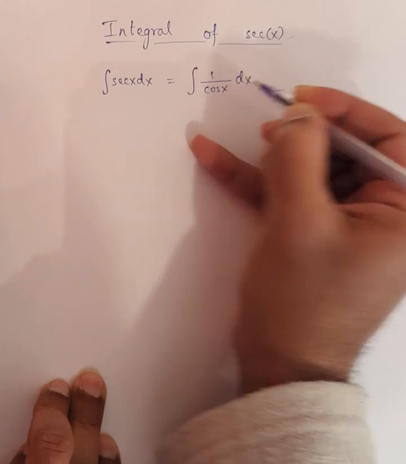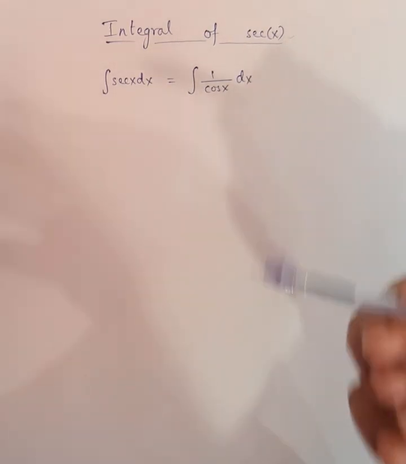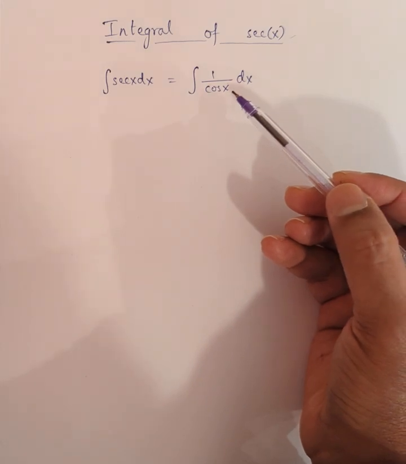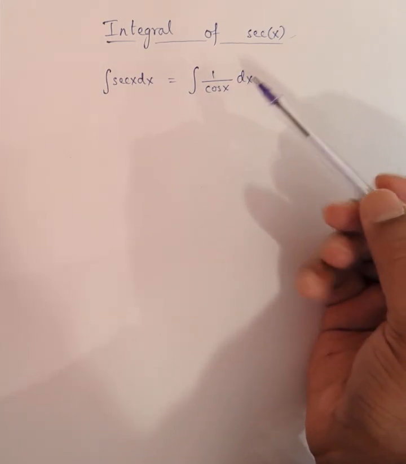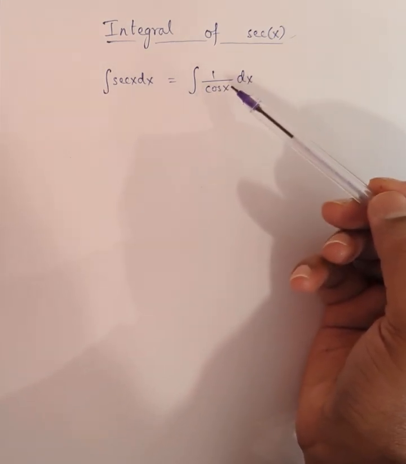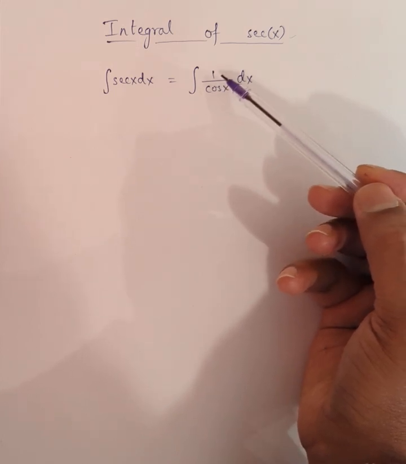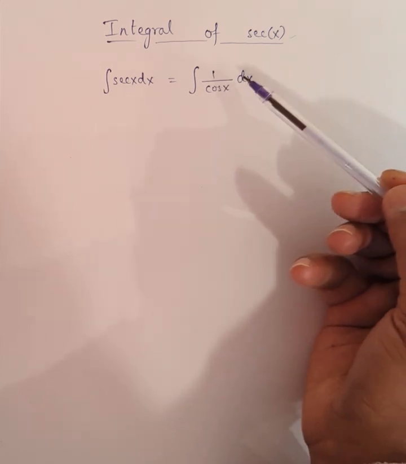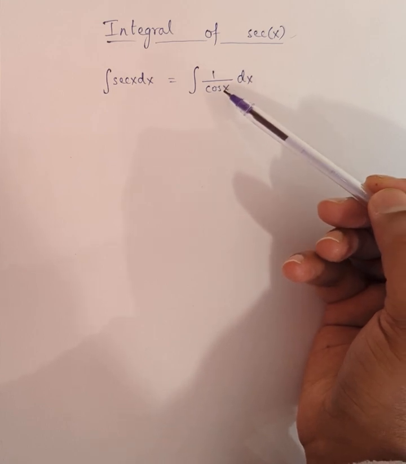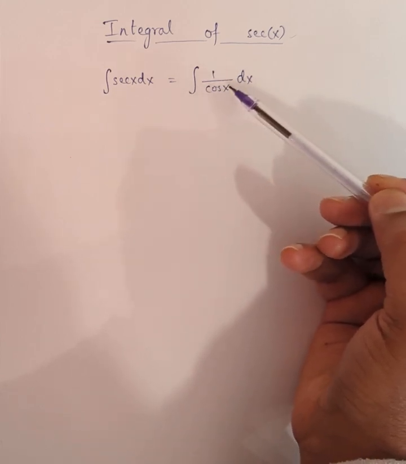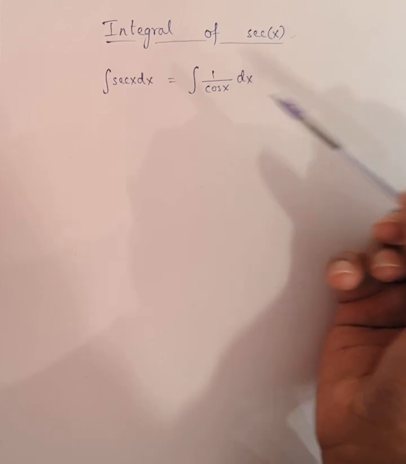Nothing wrong with that, except that you can't go any further from here, because unlike differentiation, there is no such thing as a quotient rule or chain rule for integration. So this is going to hit us with a roadblock.